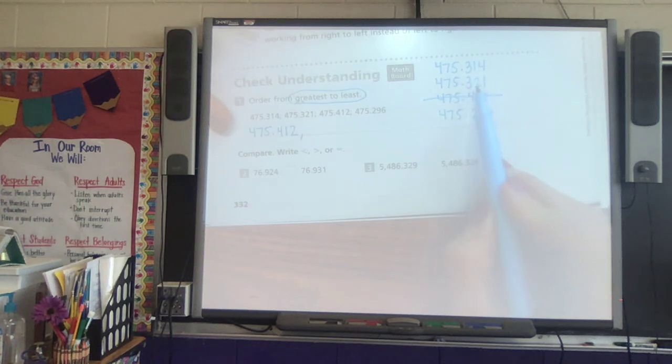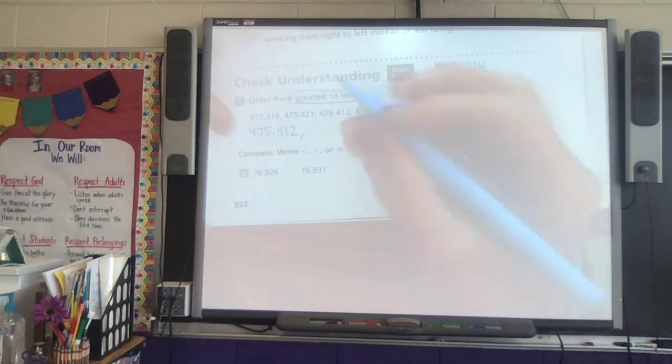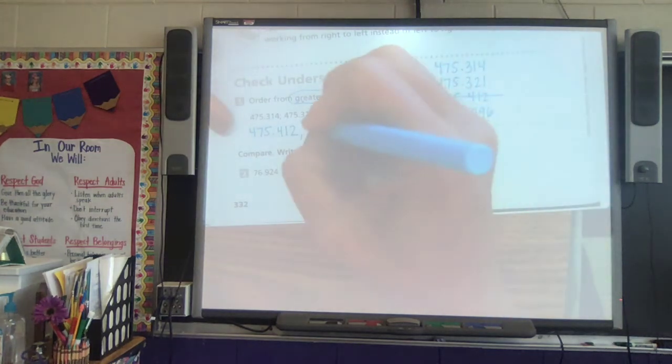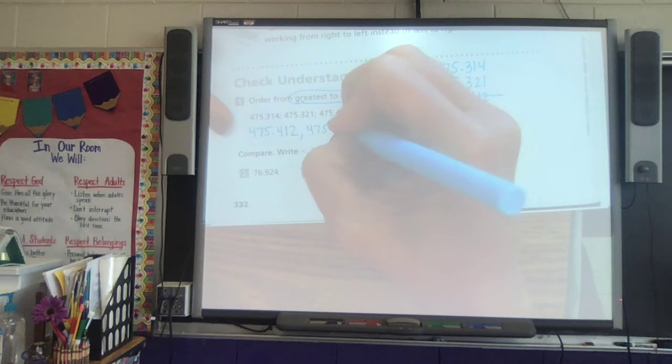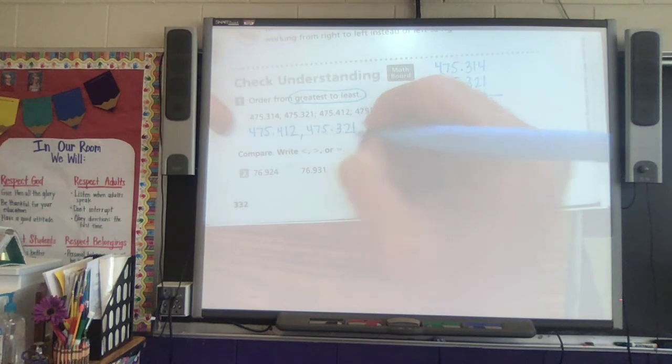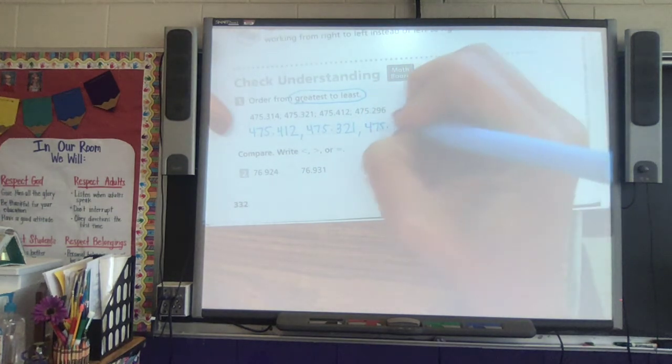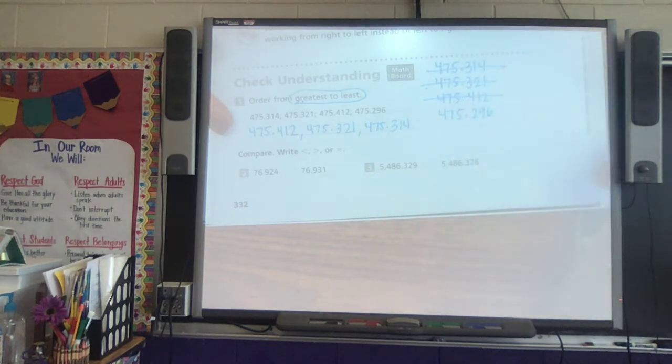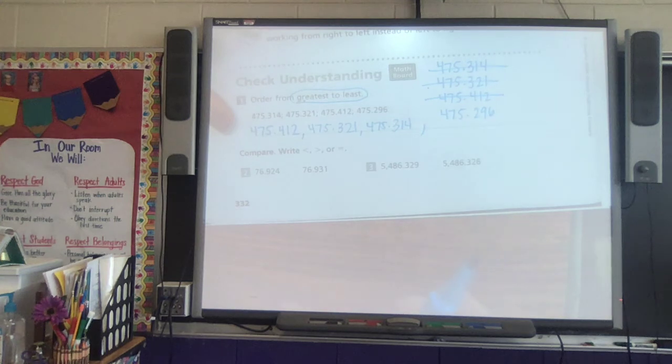Then I look down again. I have a 1 and a 2. So that means this is my next greatest. 475 and 321. Guys, they're all the same amount. So you can look at it like 400, 321, 314, 296. Of course, next I'm going to have 314 thousandths. And my smallest is going to be that guy right there.